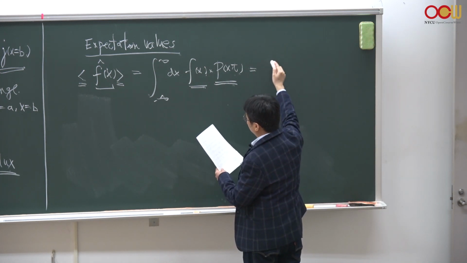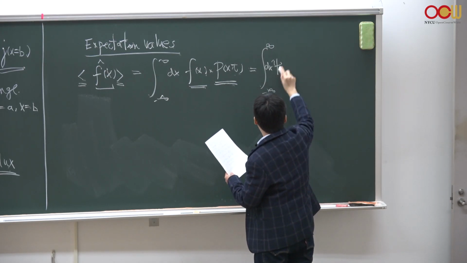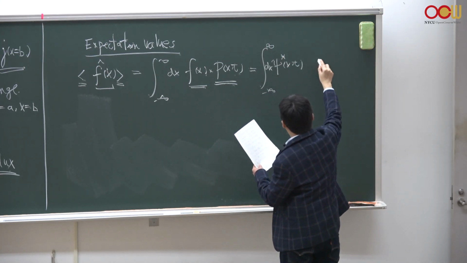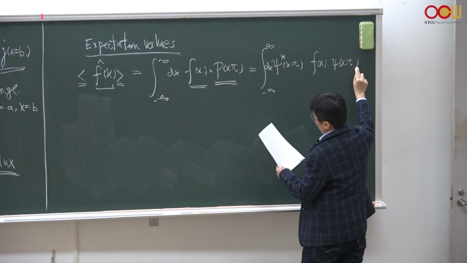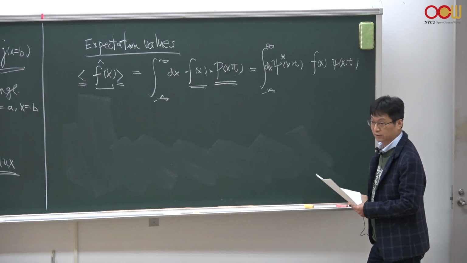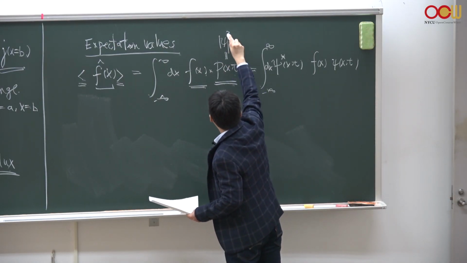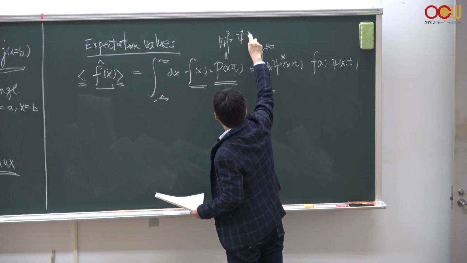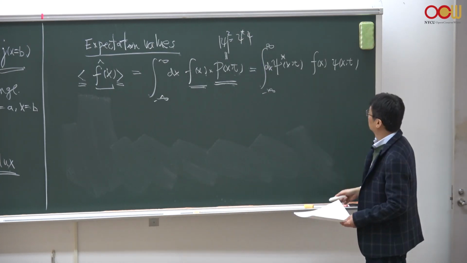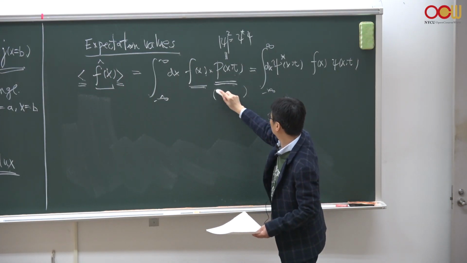But conventionally we should separate this psi star from psi, for reasons that we will see later. Okay, so you know this P is like psi squared, which is psi star psi, right? But you don't simply put them here on the same side.